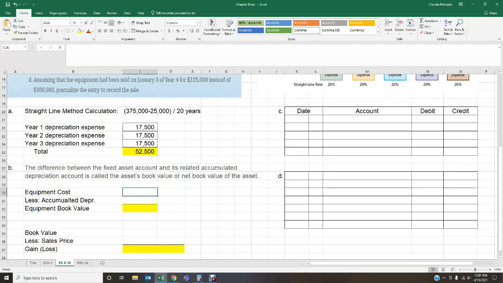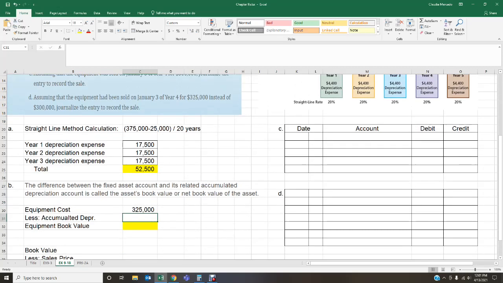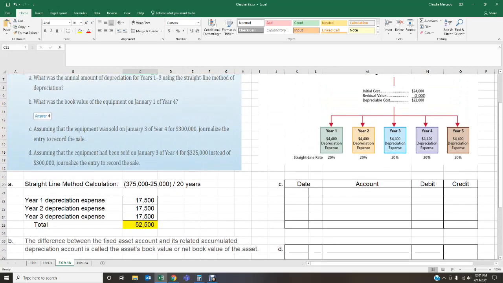So I know that my equipment cost was $325,000. Now I need to figure out, be very careful here. It says, what was the book value of the equipment as of January the 1st of year 4? In order for us to figure that out, we have to figure out how much has been depreciated the first 3 years.